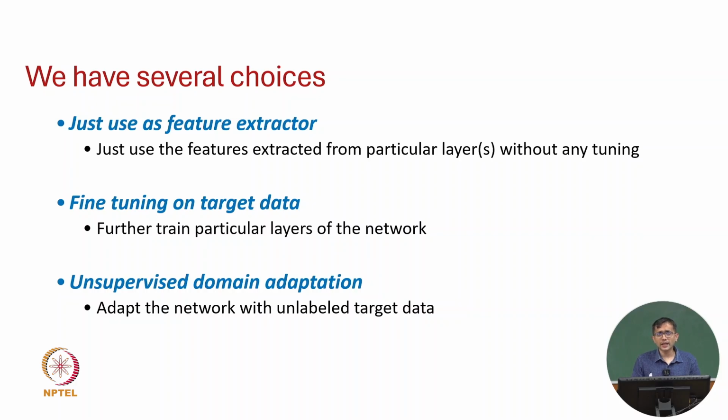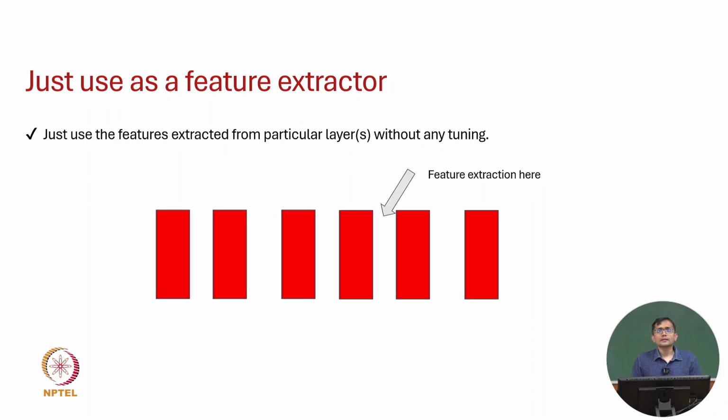Now let us look a bit into these particular choices. The first choice, that is just use as a feature extractor. There we are posed with different questions. One of the very important questions is, let's say we have this network here.